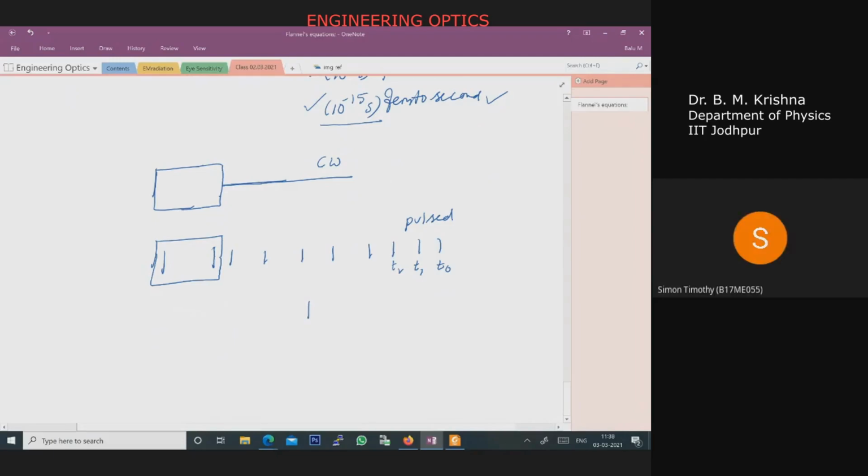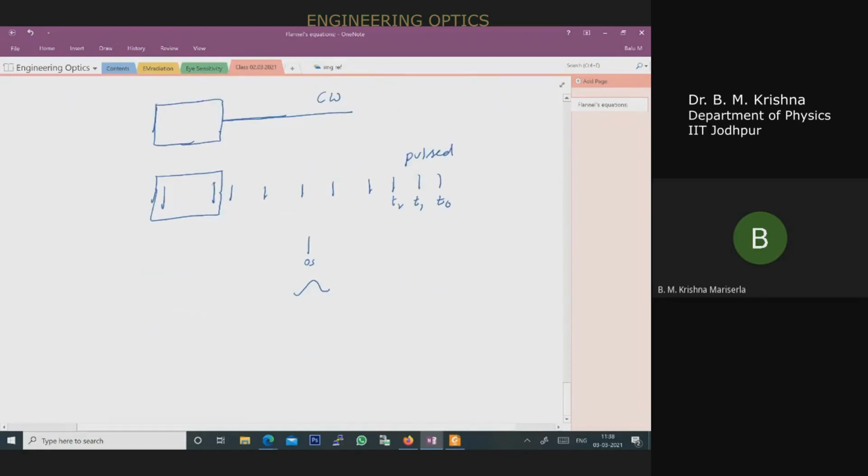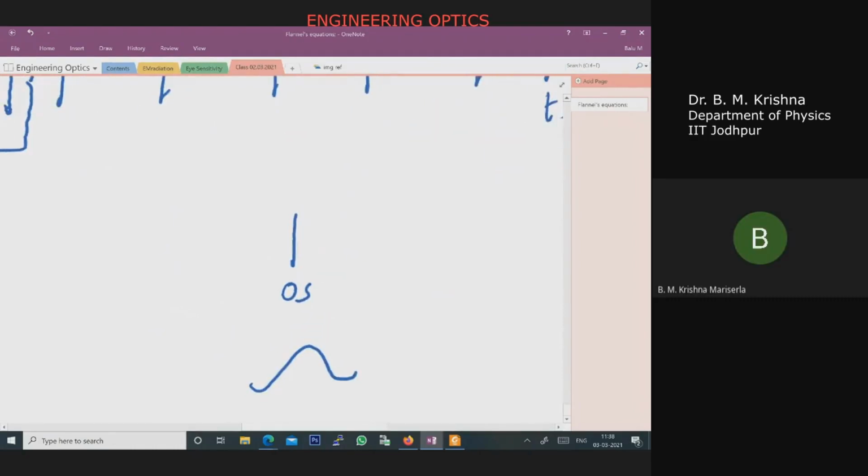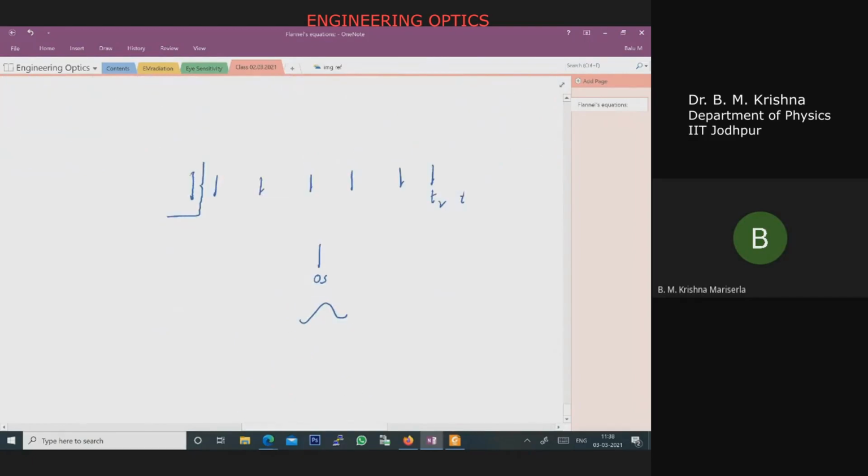See, this pulse in the time domain, you cannot say it is exactly 0 seconds. It cannot be one spike like a delta function. It always has a width associated with it. How much you zoom in matters.